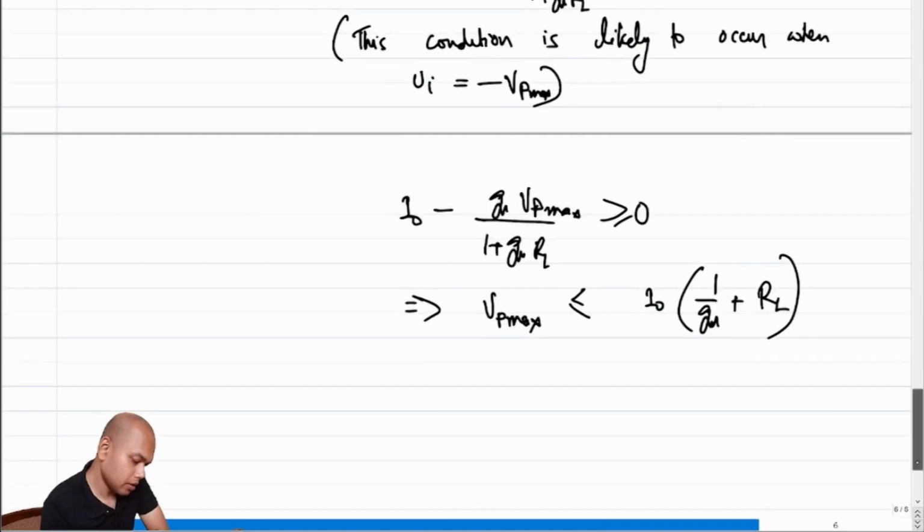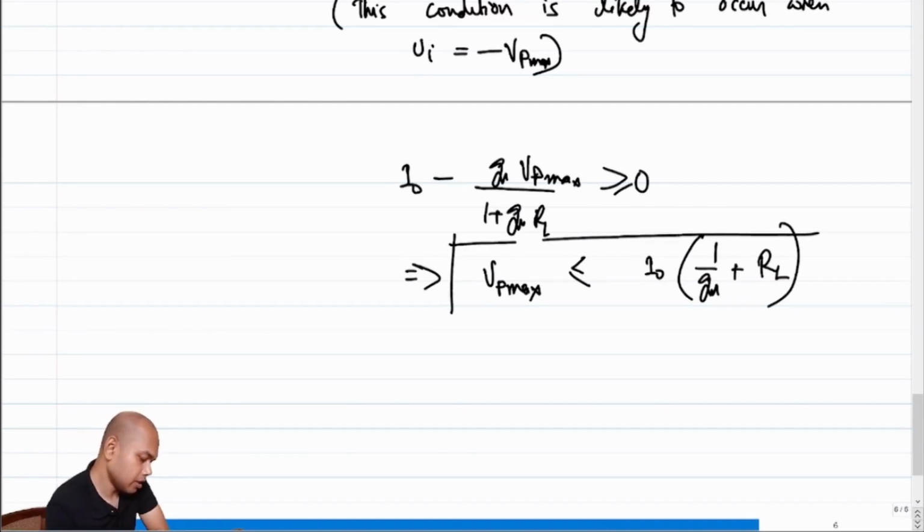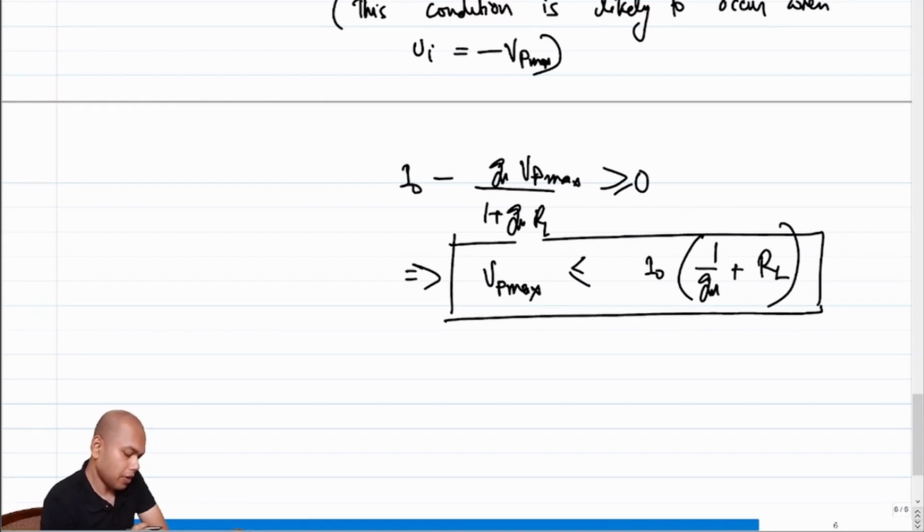Okay. So this is essentially the constraint that you will have to honor while trying to figure out what is the Vp max when the sinusoid goes in the negative direction, right?